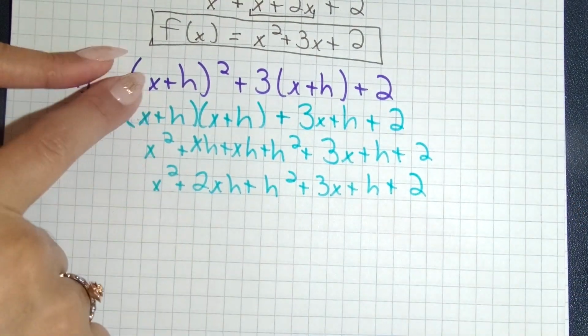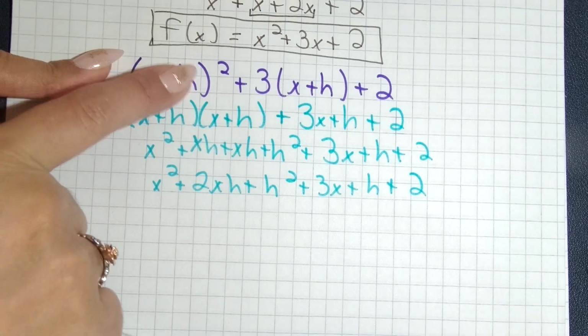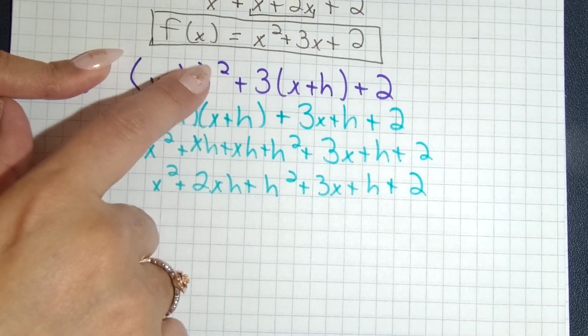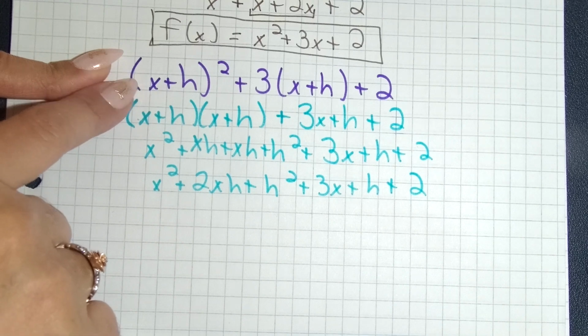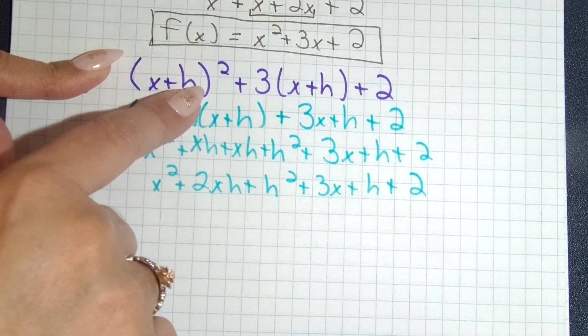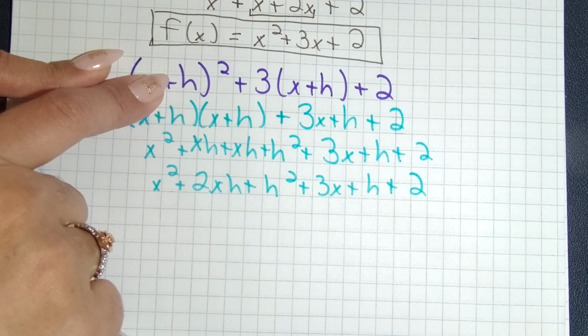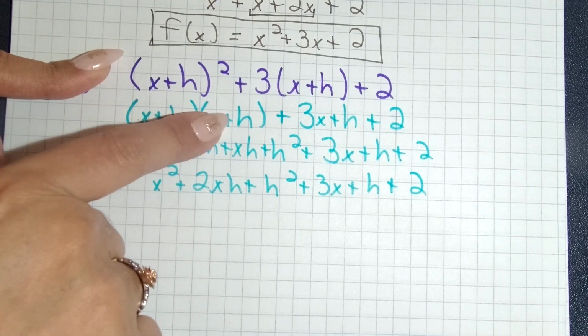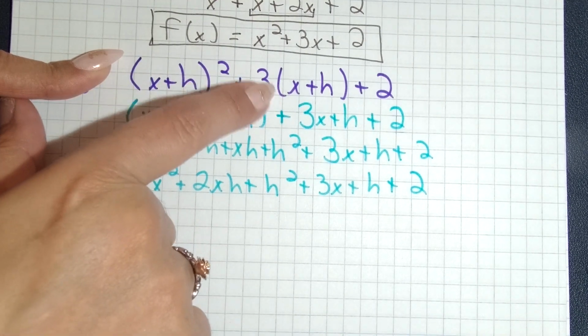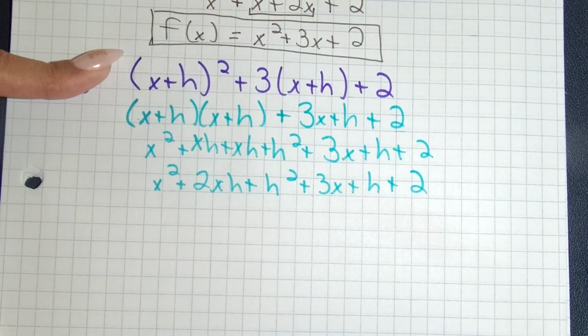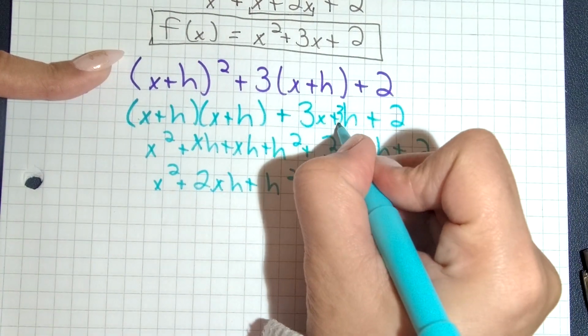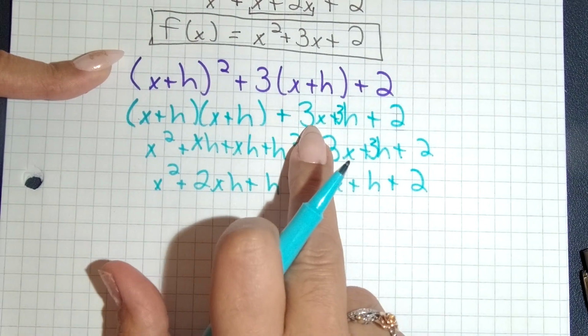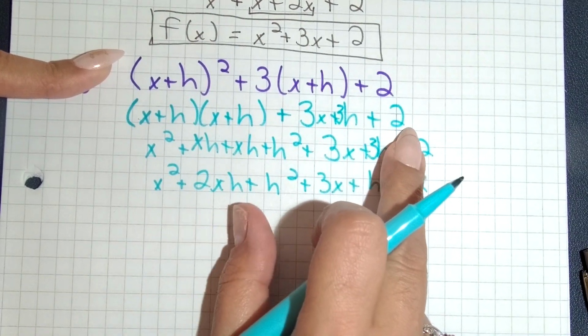I took the x plus h squared, and I created two binomials. Remember, the square means that there are two of these x plus h's, not that I'm just squaring each of the things on the inside. That's this. Then I distributed my 3, which gave me 3x plus 3h plus 2.